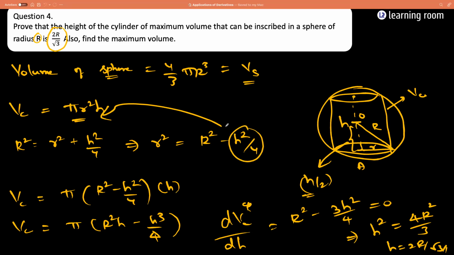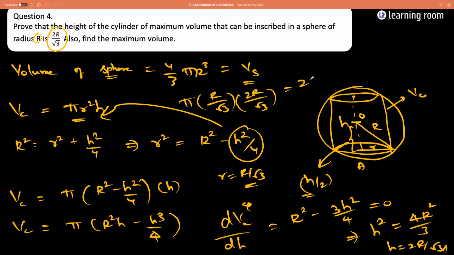So you substitute that value here. You will get small r is equal to R by root 3. Take those values and substitute in the volume of the cylinder. Answer will be pi into R divided by root 3 into 2R divided by root 3.